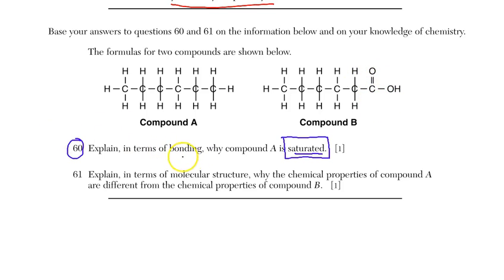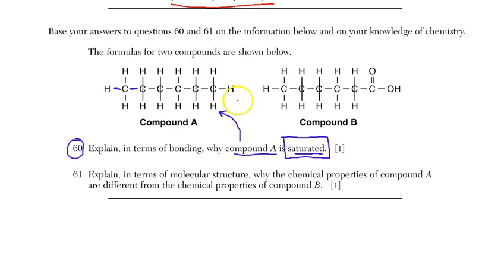So in terms of bonding, we can explain compound A is saturated because it's holding on to the max amount of H's. Now, the best way probably to talk about that is to say that the carbon has all single bonds. If carbon all has single bonds, then it can only have the maximum number of H's. So there are many ways to explain why A is saturated: you can say that there are single bonds between the carbons, or there's a max amount of H's.